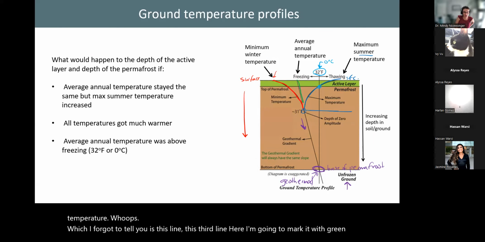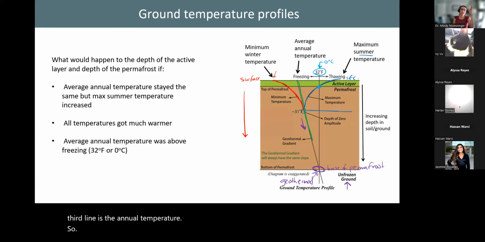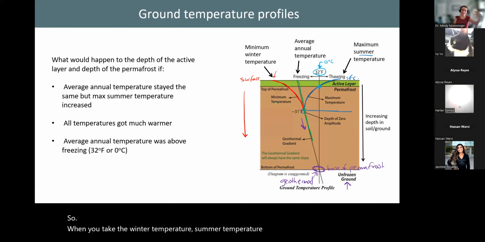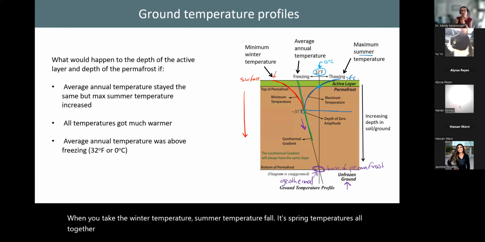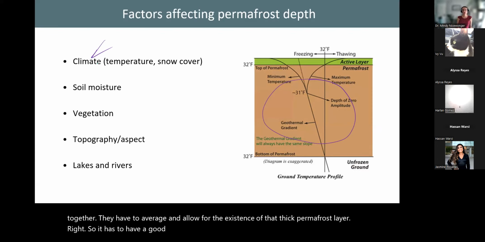This third line is the annual temperature. So when you take the winter temperature, summer temperature, fall and spring temperatures all together, they have to average and allow for the existence of that thick permafrost layer. Right, so it has to have a good climate to allow that permafrost to exist.